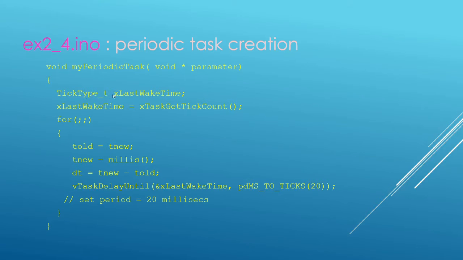You define a xLastWakeTime as type TickType_t, and then you call the function xTaskGetTickCount to this variable, and in the infinite loop you have at the end vTaskDelayUntil, and put the xLastWakeTime like this, and the period that you want to wait. In this case you have a 20 millisecond period.